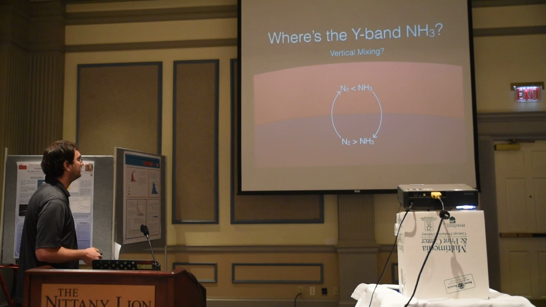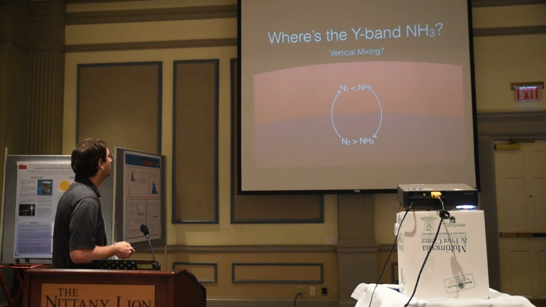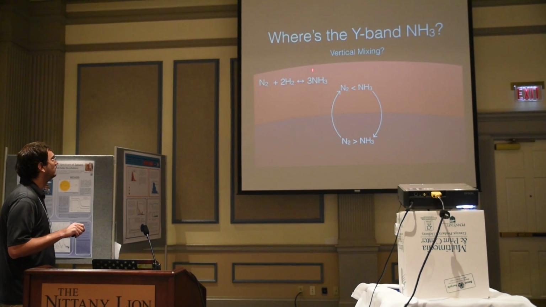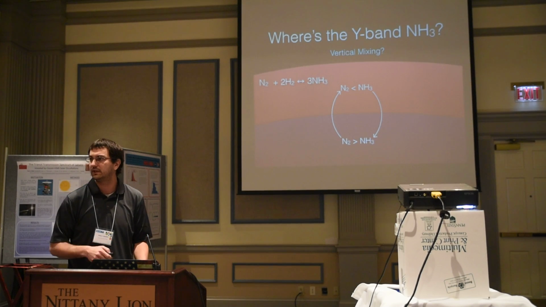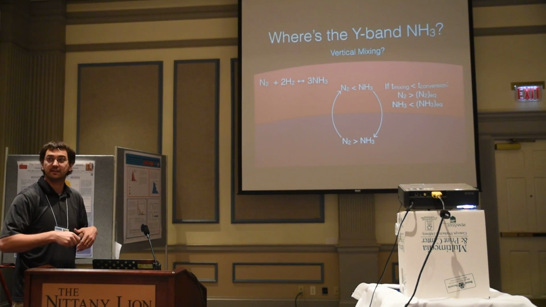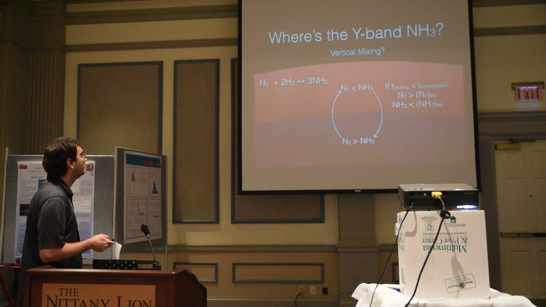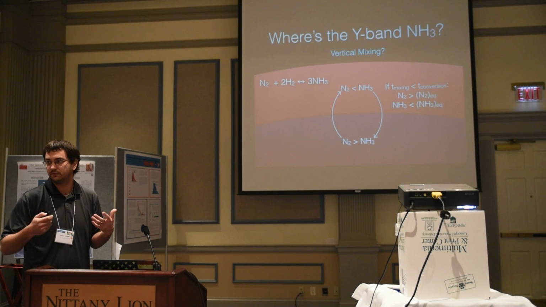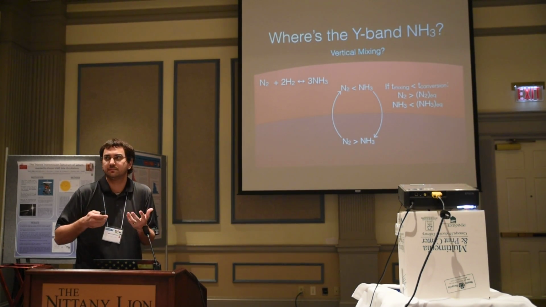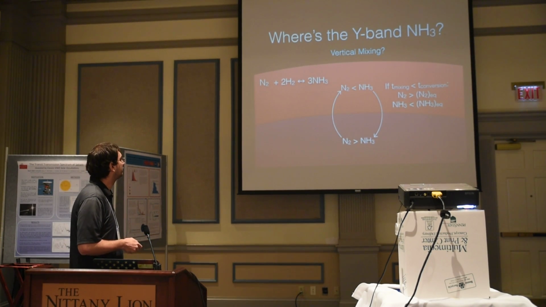If we allow these things to mix around, usually that's okay if we're looking at models, because that will just combine with molecular hydrogen and form ammonia and everything stays in equilibrium. However, if that mixing happens faster than that conversion, then we end up with less ammonia than we expect. And so that ammonia just doesn't show up because vertical mixing is too fast. We think that this might actually be explaining why we don't see ammonia in our study.